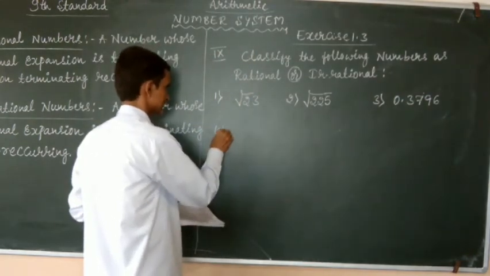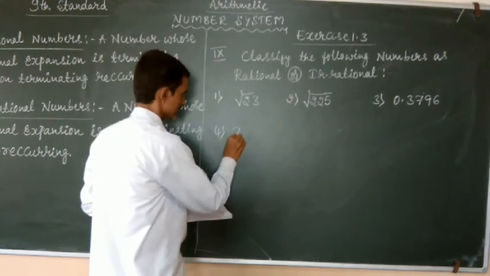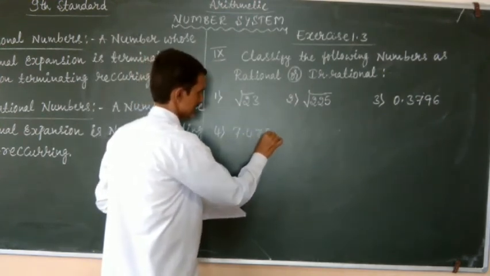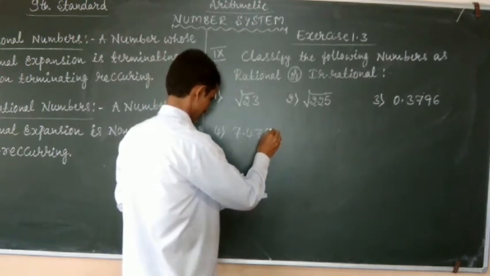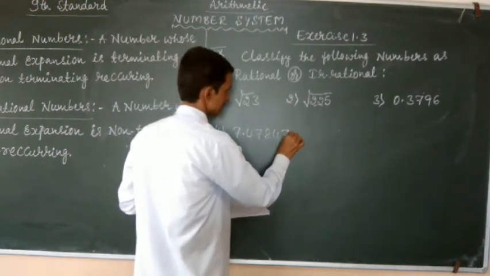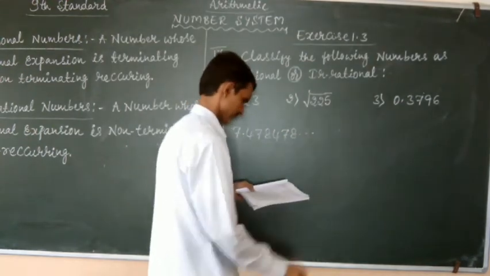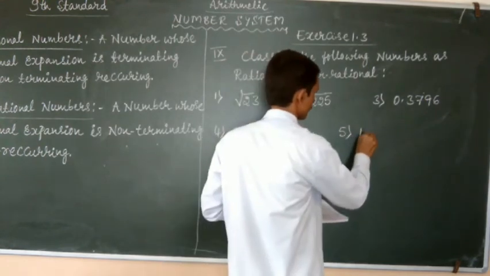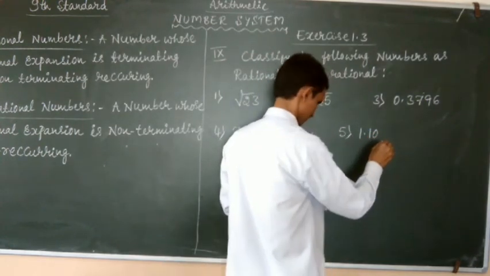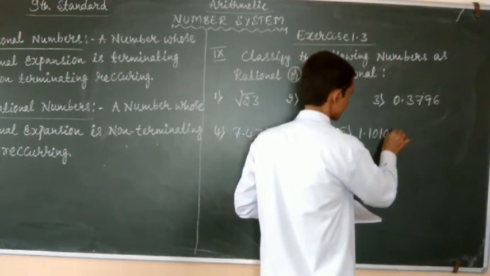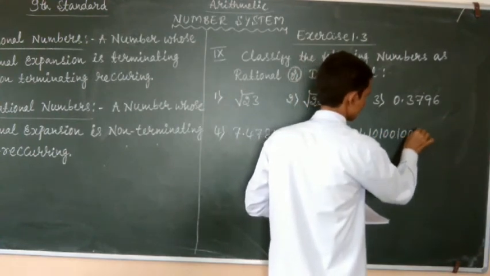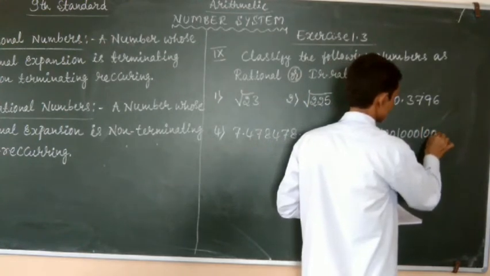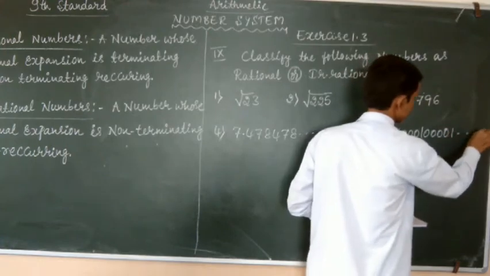Fourth one is 7.478478, etc. Fifth one is 1.1010010001, etc.